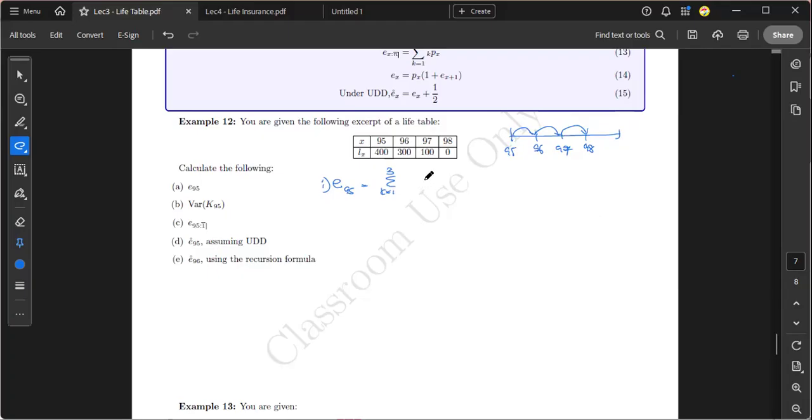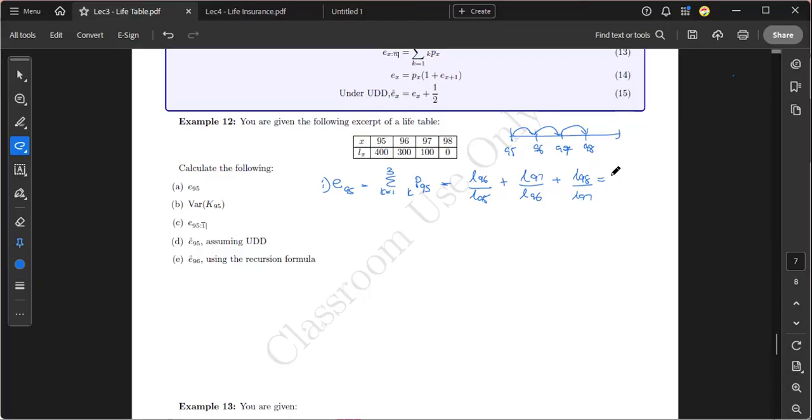And the probabilities are from 95 to k. That means from 95 to 96, plus 96 to 97, plus 97 to 98.